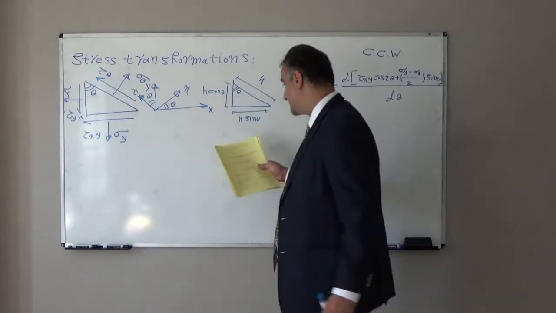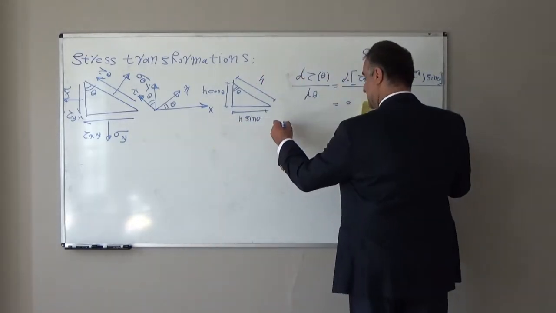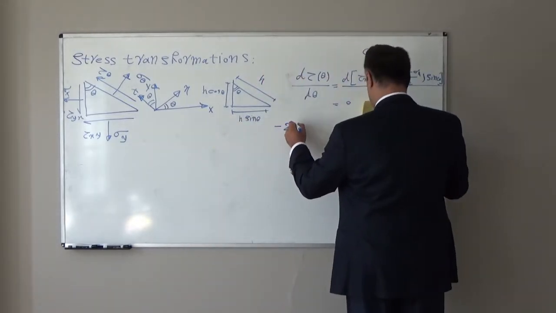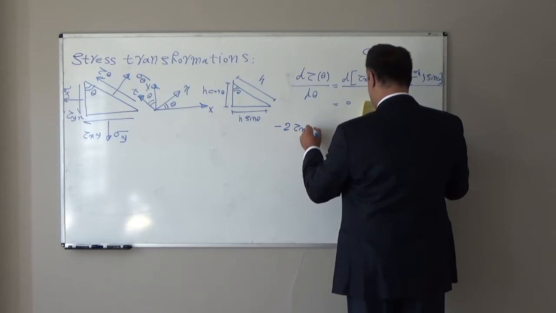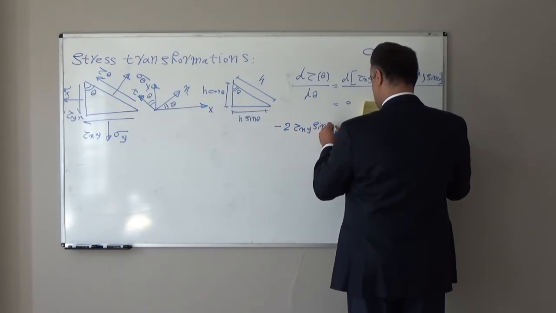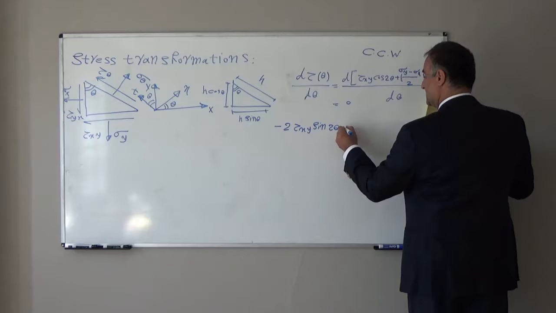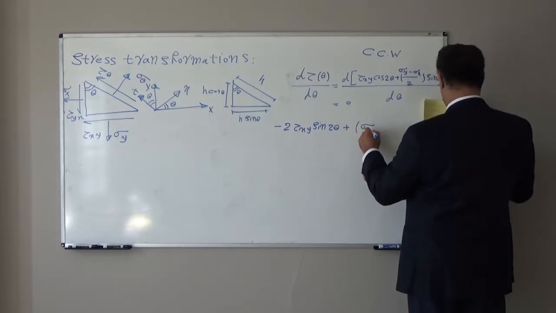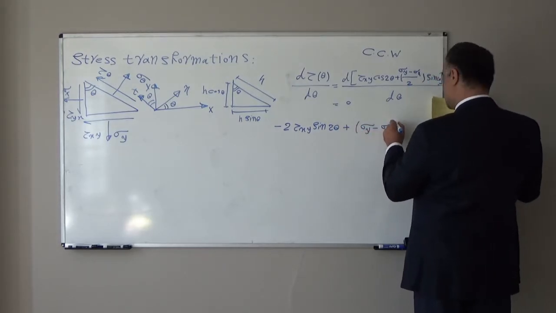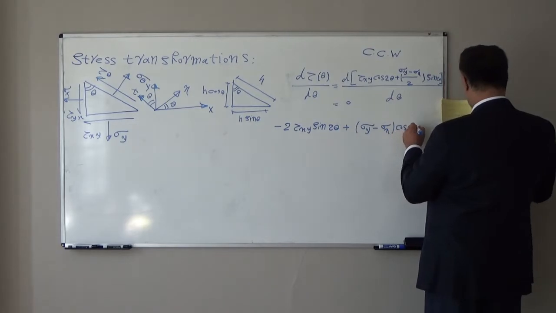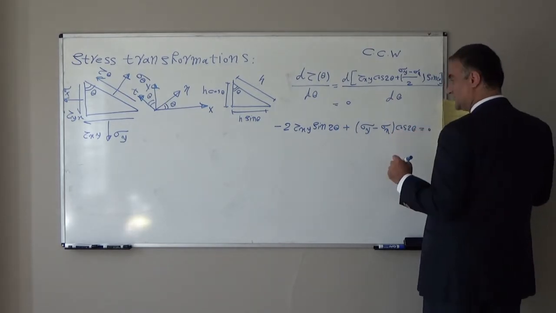If we take the derivative, you will see it is minus 2 tau xy sine 2 theta plus sigma y minus sigma x cosine 2 theta is equal to 0.